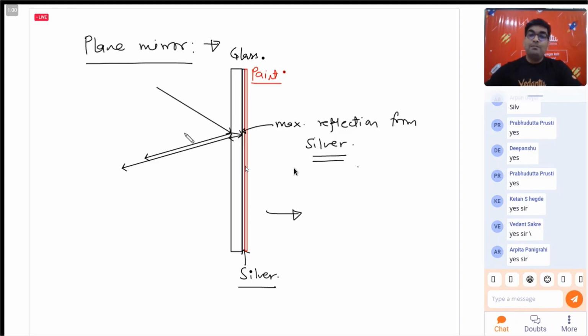But because the amount of reflection from the top surface is so low, I don't see that image. Then what do I see? I see the image because of the rays reflected from the silver surface. But if the light is bright enough, then I should be able to see the image corresponding to the reflection from the top surface, right?